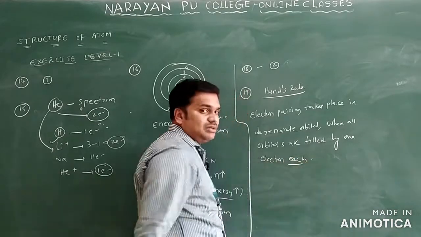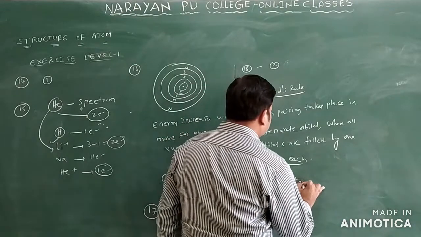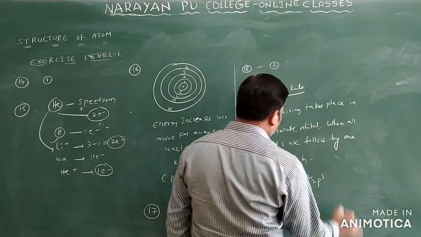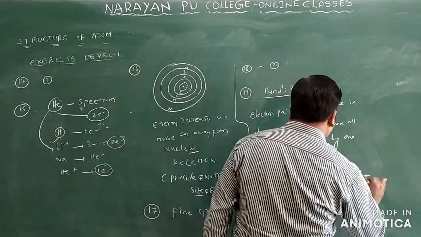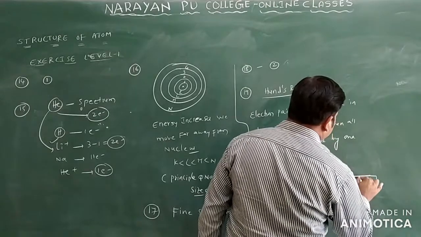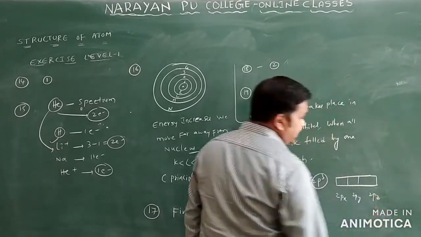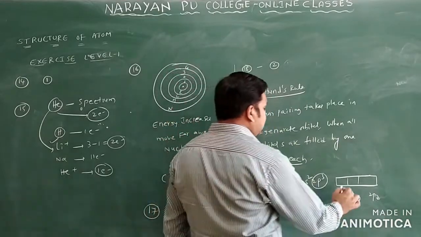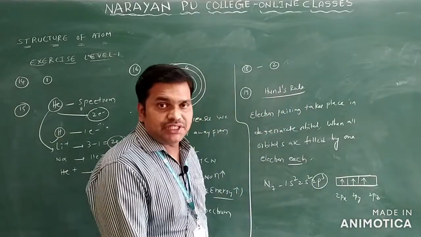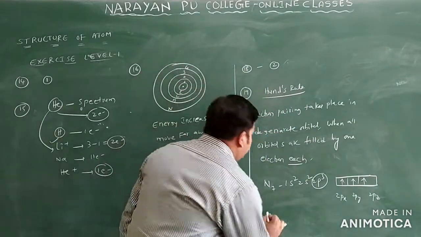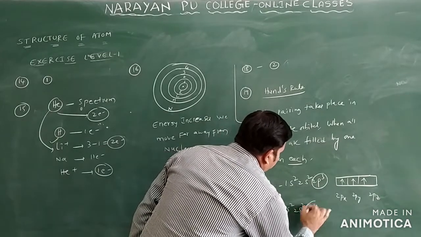One electron each. Let us take one example. We have nitrogen. So nitrogen configuration, you know, 1s2, 2s2 and 2p3. If we compare this 2p3, we already know p orbitals are 3: 2px, 2py and 2pz only. How many electrons are there? 1, 2 and 3. So in this case there is no problem, but you can take oxygen, 8, that is 1s2, 2s2 and 2p4 only.